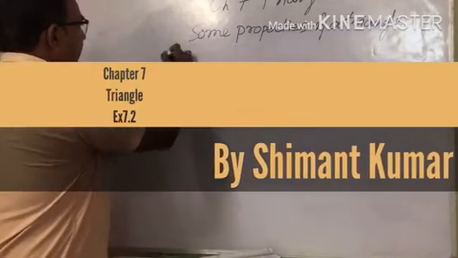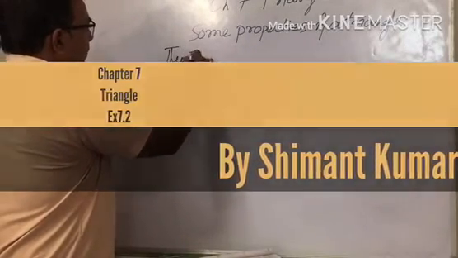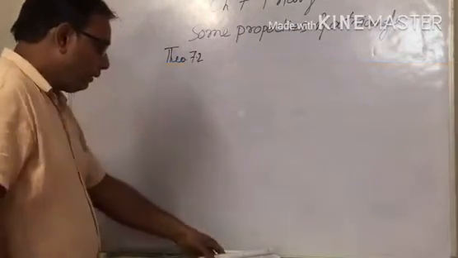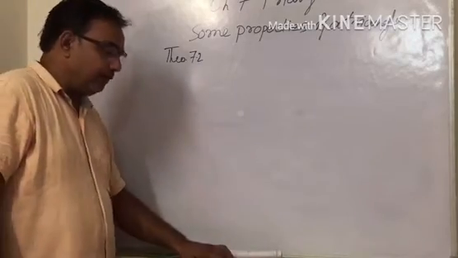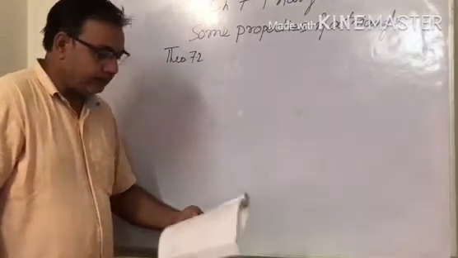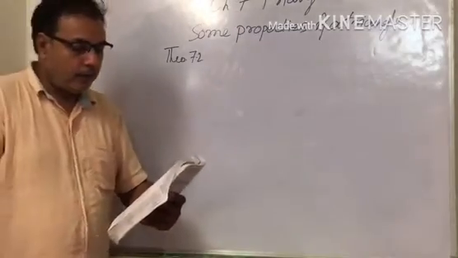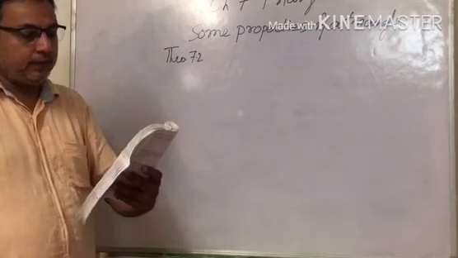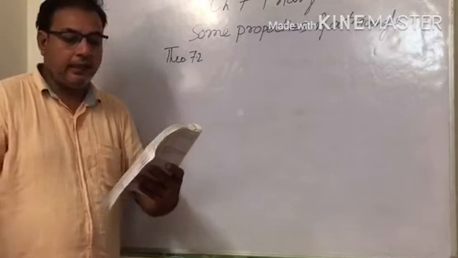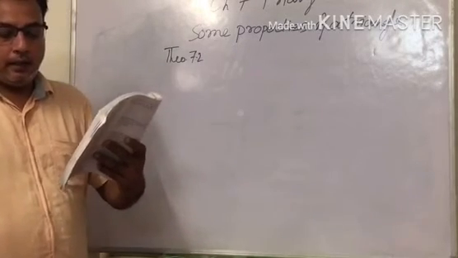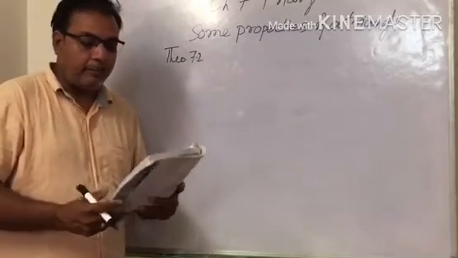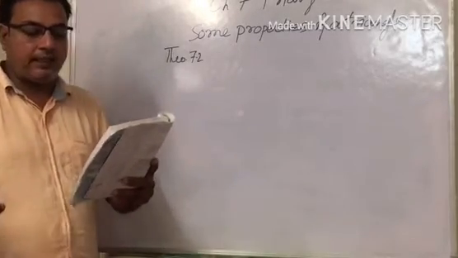Now the theorem 7.2. Angle opposite to equal sides of an isosceles triangle. So we have to prove that this triangle is an isosceles triangle. The angles opposite to equal sides of an isosceles triangle are equal.